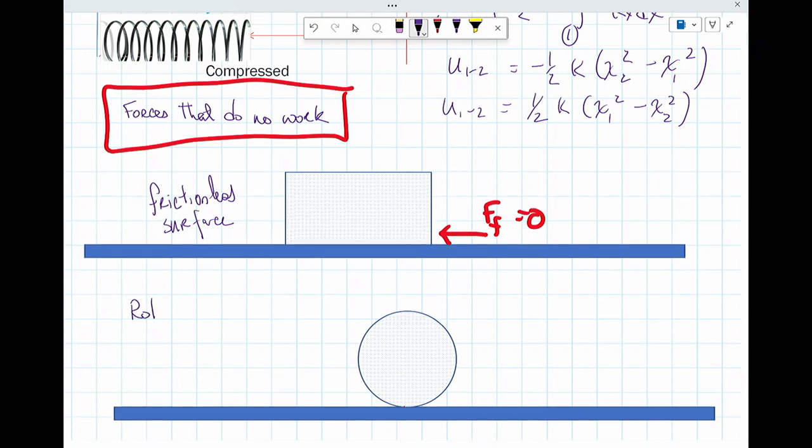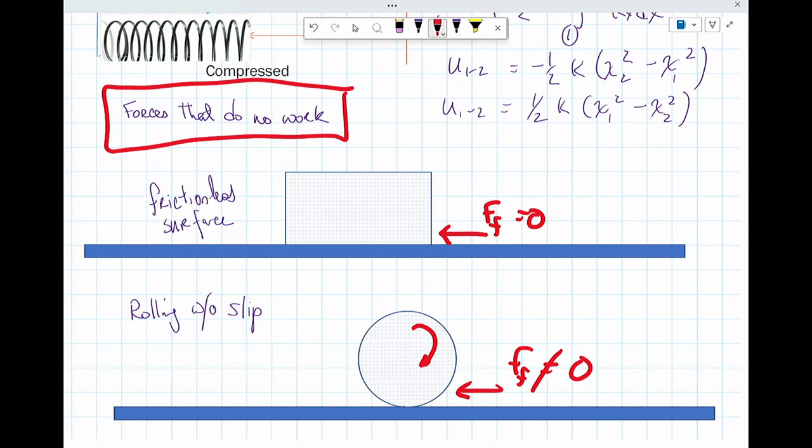However, this will get a bit more important in chapter 6, and that is when I have rolling without slip. And rolling without slip means that this object comes into contact with the ground and it has an instantaneous zero velocity.